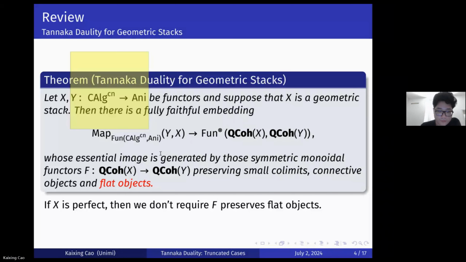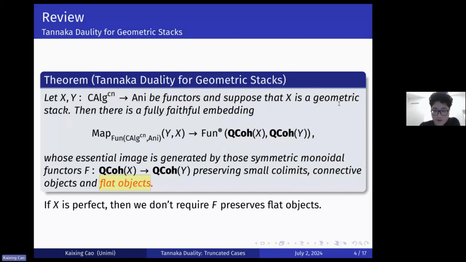And we can even describe the essential image, which is the full subcategory generated by functors preserving small coproducts, connective objects, and flat objects.